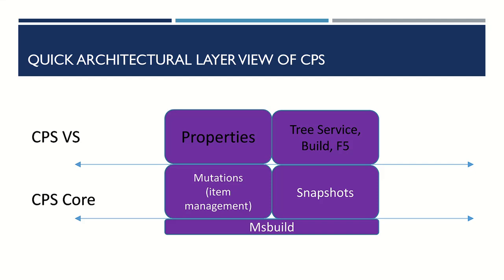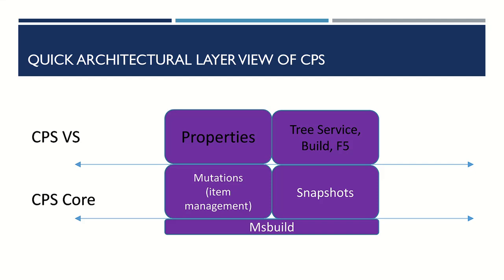And let's go to the next slide. So we have here MS Build as the basic tooling to understand all of those project files. And on top of it is CPS Core. We have item management, snapshot, and .NET Core is using Visual Studio CPS VS, or Visual Studio CPS.